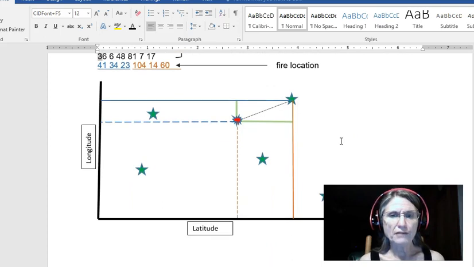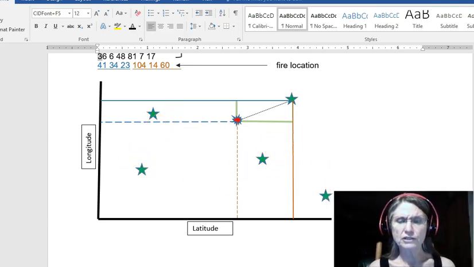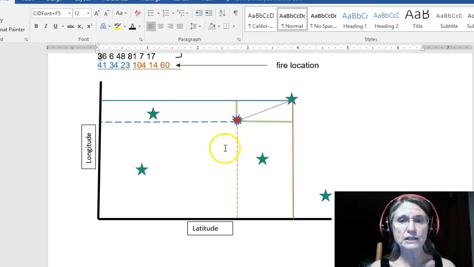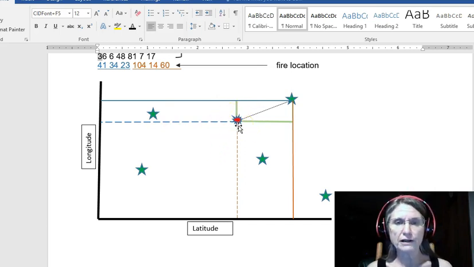So I thought that I would try to present this to you graphically. I have a simple Cartesian coordinate system here where I have latitude along the x-axis and longitude along the y-axis, and I've put onto the canvas some stars which will represent airport locations, and a little starburst here that will represent the fire.